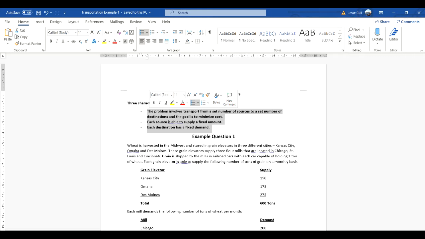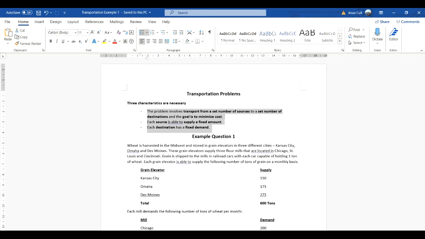We see that wheat is harvested in the Midwest and stored in grain elevators in three different cities: Kansas City, Omaha, and Des Moines. These grain elevators supply three flour mills that are located in Chicago, St. Louis, and Cincinnati. Grain is shipped to the mills in railroad cars, with each car capable of holding 1 ton of wheat.